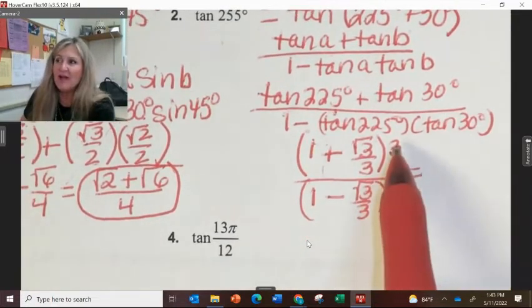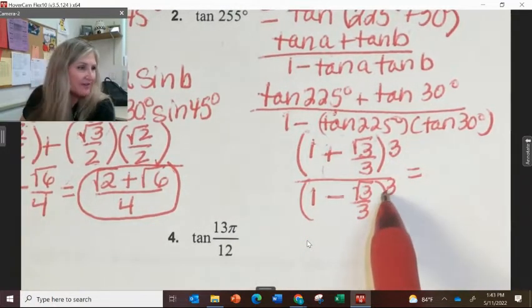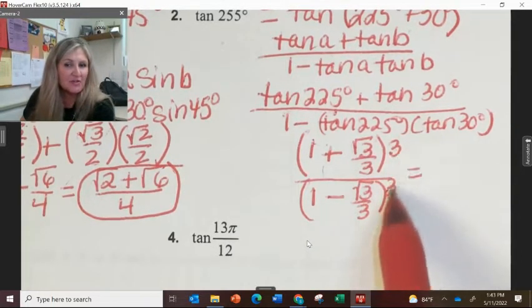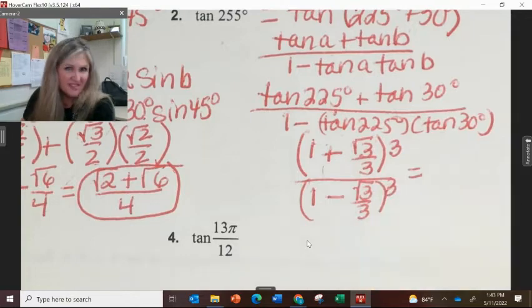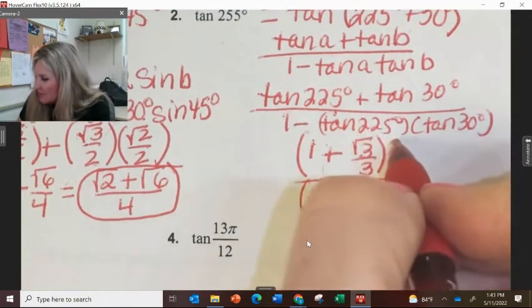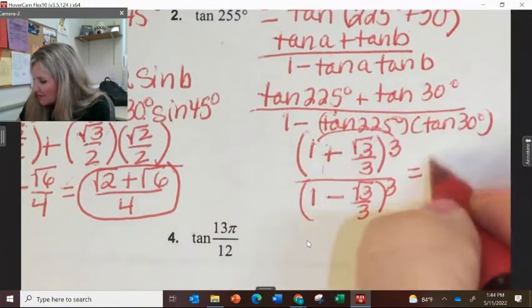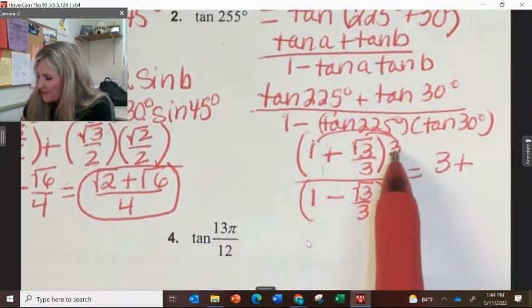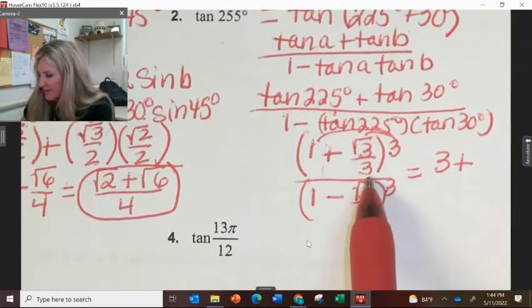When I multiply by 3 over 3, what is 3 divided by 3? I'm not changing the value if I multiply by 1. It's still the same value. So we're going to do 3 times 1 is 3 plus, what is 3 radical 3 divided by 3?